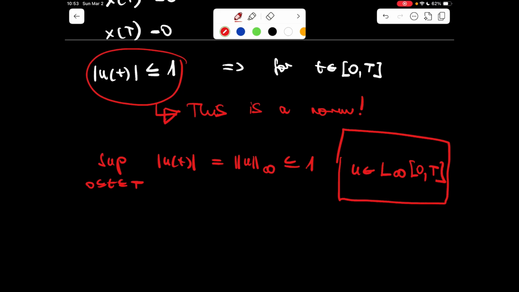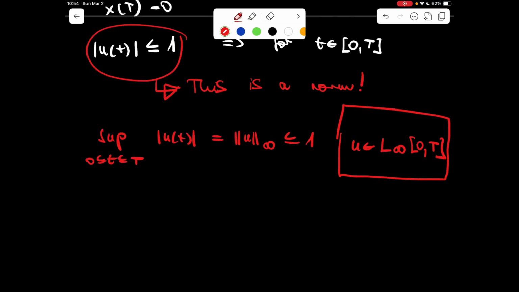So the idea is that we might want to simplify the problem into a finite dimension problem if we think that u and its space is the dual of another function space, and instead of finding u in an infinite dimension problem, we might want to find another function in a space whose dual is L infinity. So this is the idea.